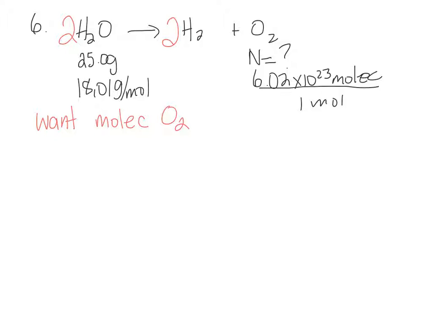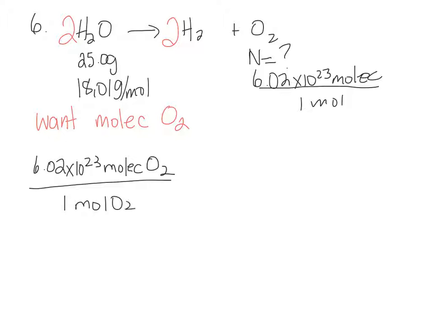Avogadro's number. Yes, it does. So we want molecules of O2, so it goes on top. So our ratio is written the same way as Avogadro's number. What comes next is a multiplication sign.